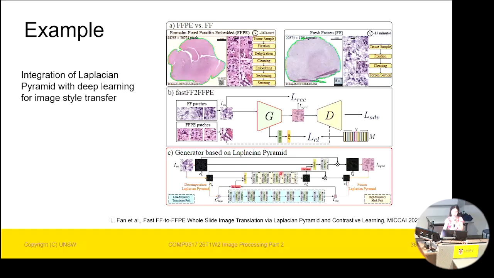And then gradually, in the middle, we add back the residual information. With this process, we keep the important information as much as possible, but make the process a bit faster than if you just use the original image.